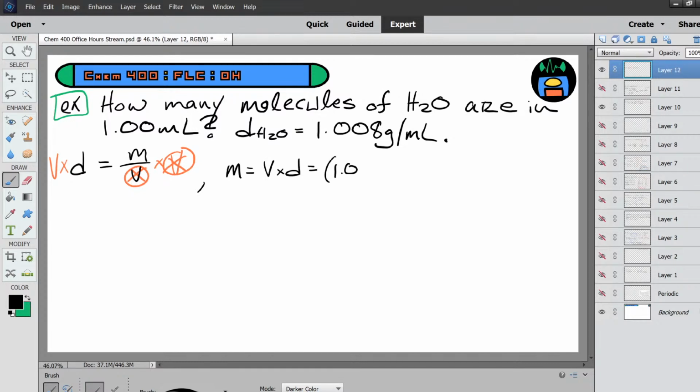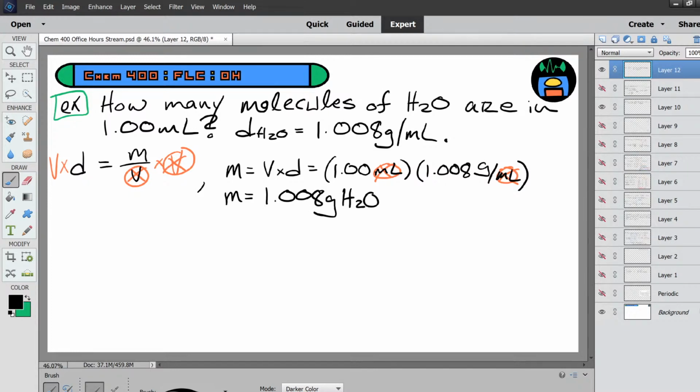We plug in our value for volume, 1.00 milliliters, times our density, 1.008 grams per milliliter. Milliliters are going to cancel because this one is in the numerator and this one is in the denominator. So our mass turns out to be 1.008 grams of water.